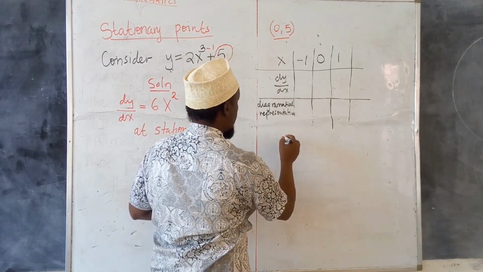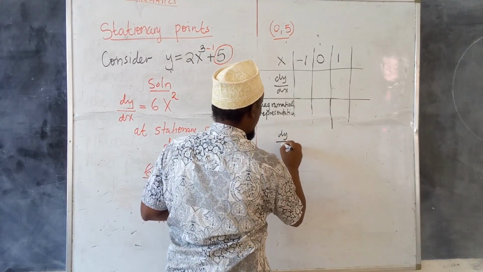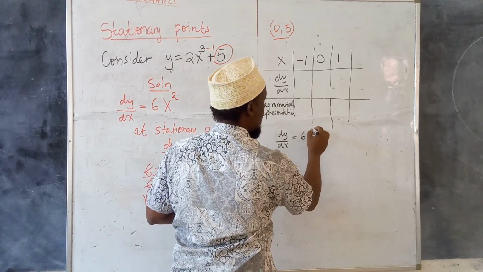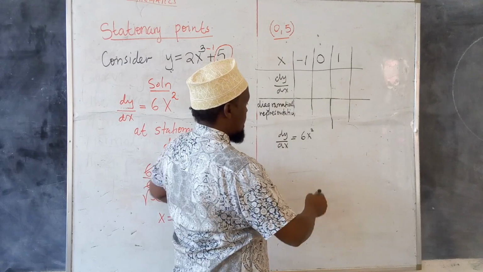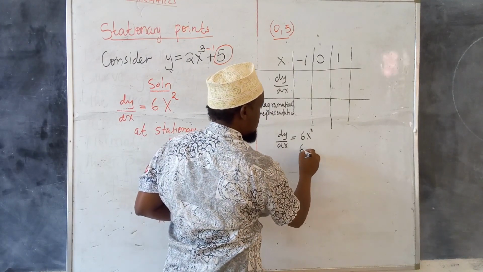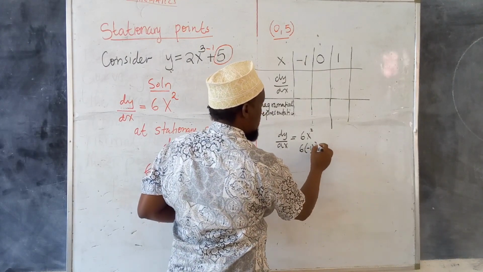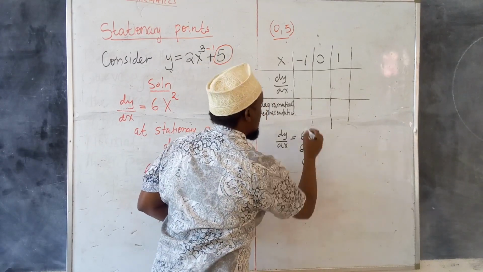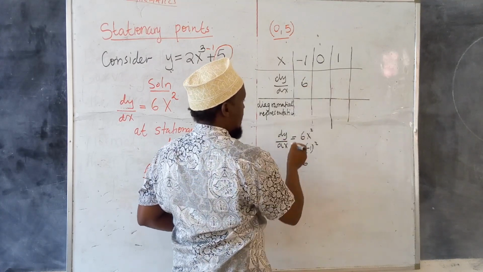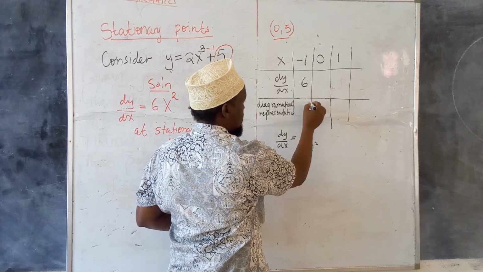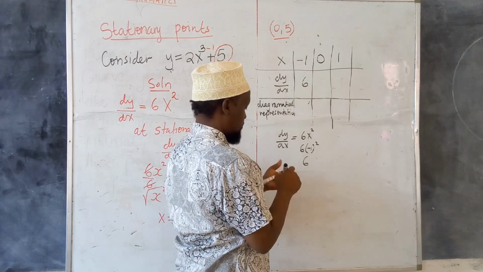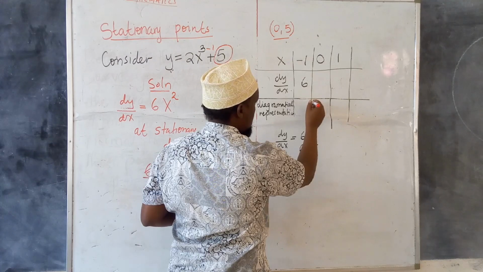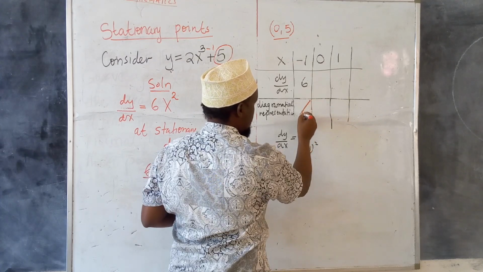We know that our gradient dy over dx is 6x squared. So we find the gradient when x is -1. Here we have 6 times -1 squared. We know -1 squared is +1, times 6 we have 6. So this becomes 6. And the line whose gradient is positive should be drawn like that.